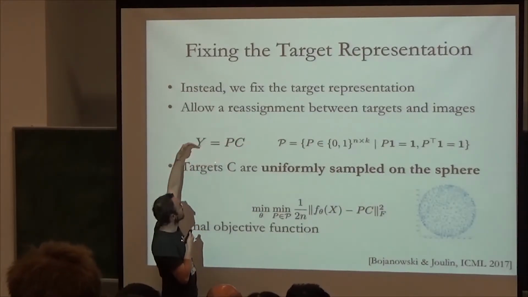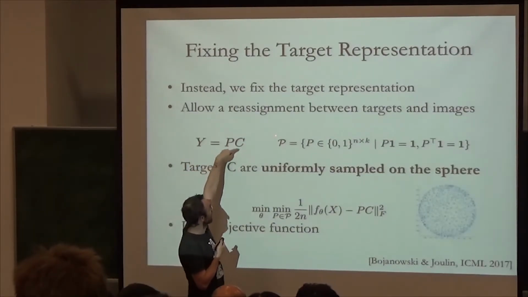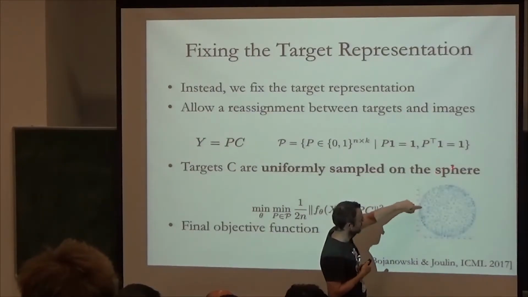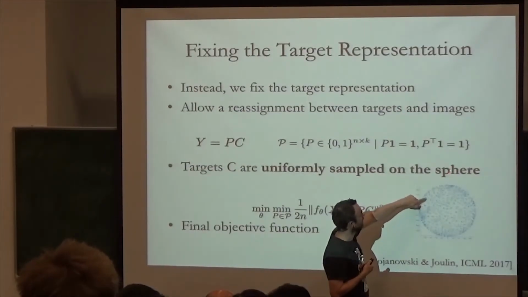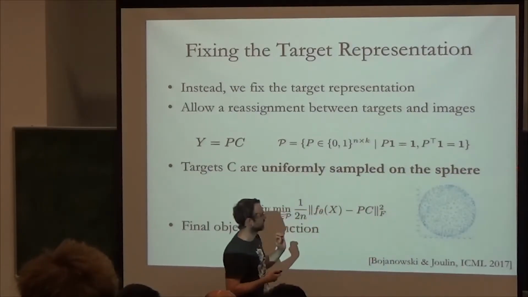For each data point it selects a particular element in C. Its job is to pick a single point on that unit sphere, which is what these constraints are.